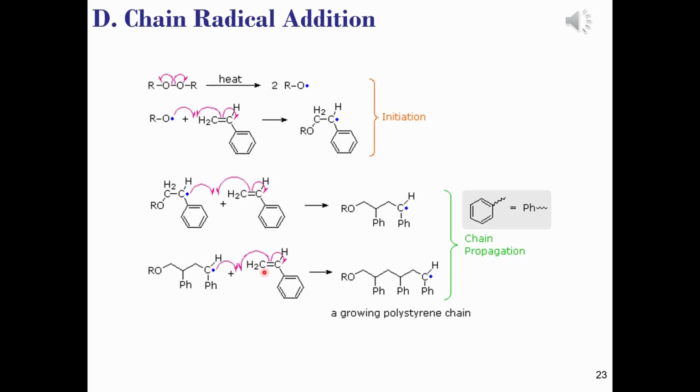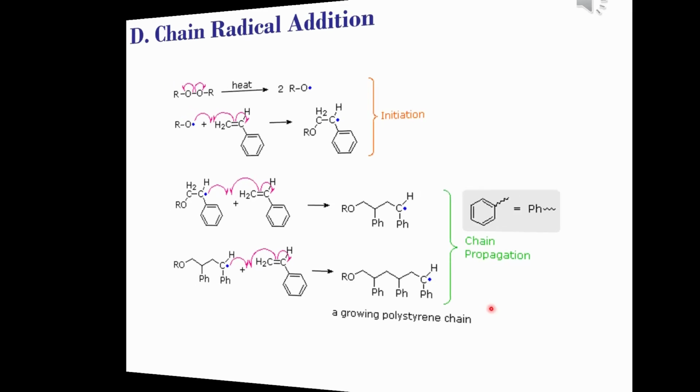In principle, once started, a radical polymerization might be expected to continue unchecked, producing a few extremely long chain polymers. But in practice, larger numbers of moderately sized chains are formed, indicating that chain terminating reactions must be taking place. Let's take a look at a couple of these on the next slide.